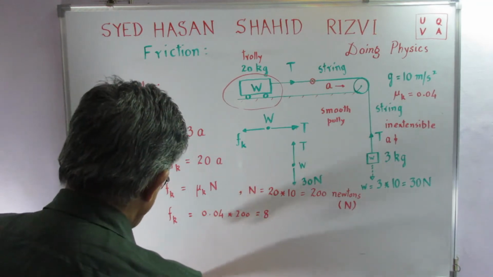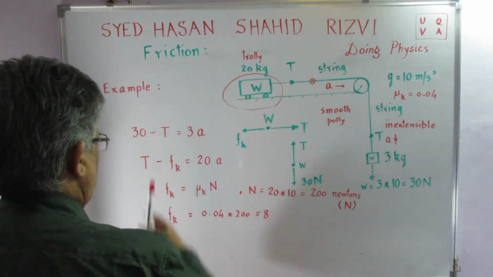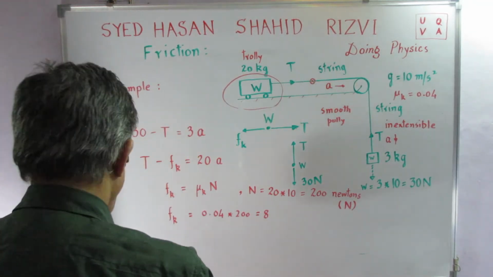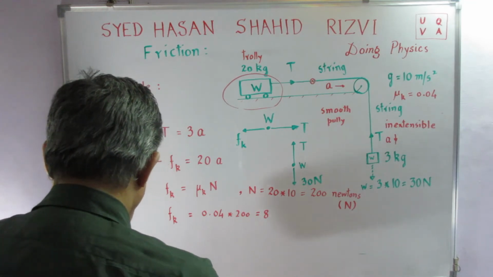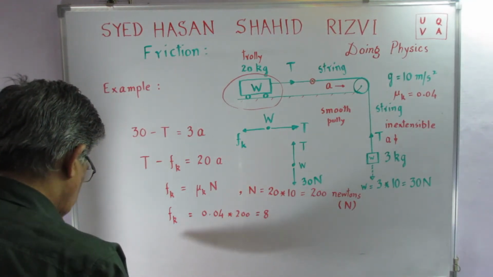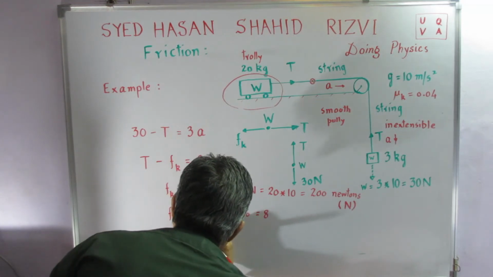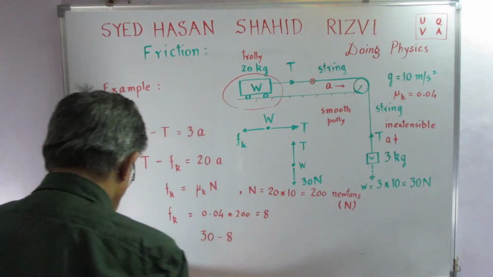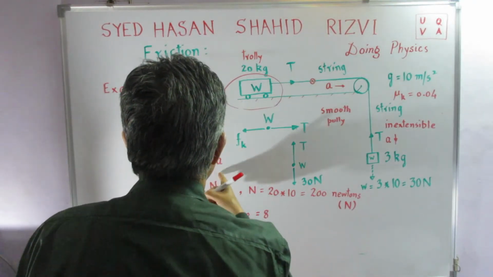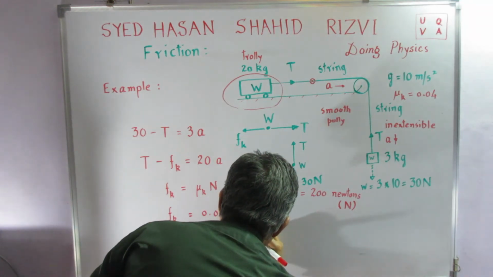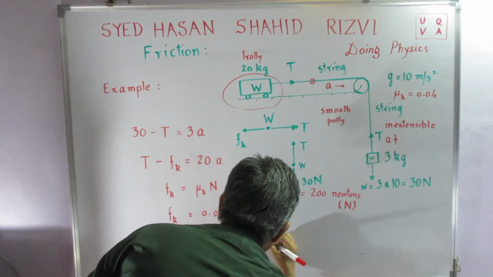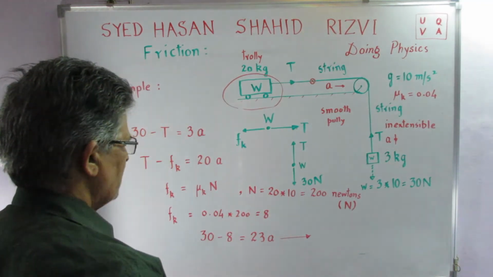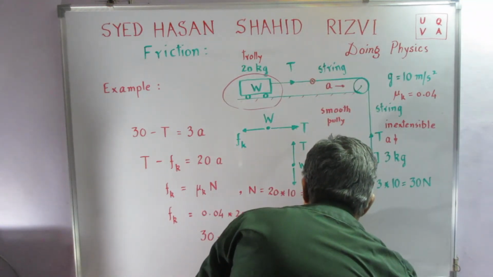Therefore, substituting in either of these two equations that we have written, for example in the first equation, 30 minus 8 will give us this plus this, 23, because the T's will cancel out, 23 into a, which gives us the value of a equal to 22 divided by 23 meter per second square.